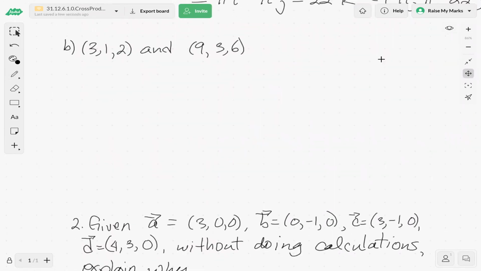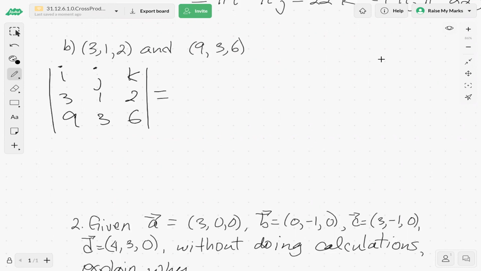All right, let's try this again. We've got 2 more vectors, and again we want to find the cross product. So we create this box: i, j, k in the top row, 3, 1, 2 in the second row, 9, 3, 6 in the third row, with vertical bars on either side. Let's start. For the coefficient of i, first box: 1 times 6 is 6, minus 3 times 2 is also 6. Interesting.